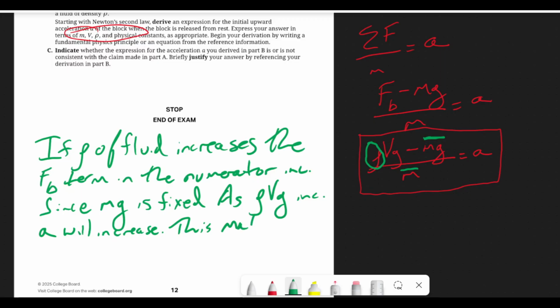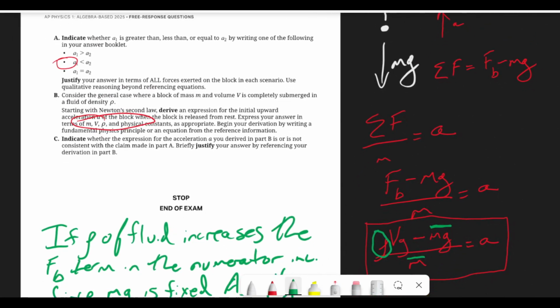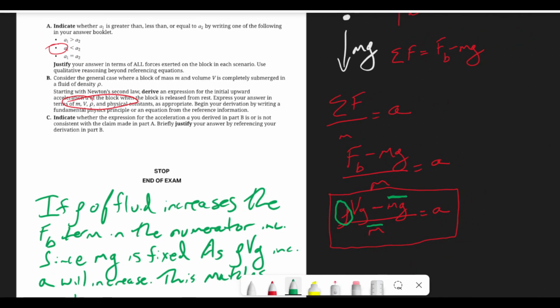This matches part A. In part A, where did we say the acceleration was going to be greater?